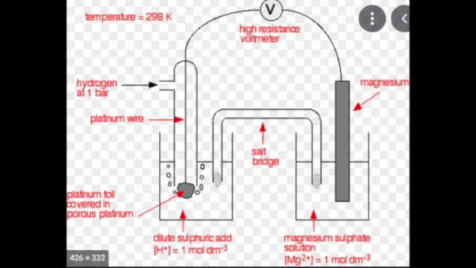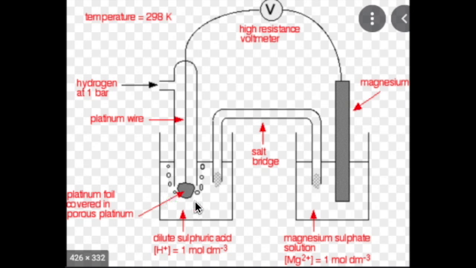For the standard hydrogen electrode, you have a tube and hydrogen at 1 bar. This is the pressure of the hydrogen gas that enters, so you write 1 bar or 1 Pa. And you label the platinum wire, and the platinum foil covered in porous platinum, which acts as the electrode here.